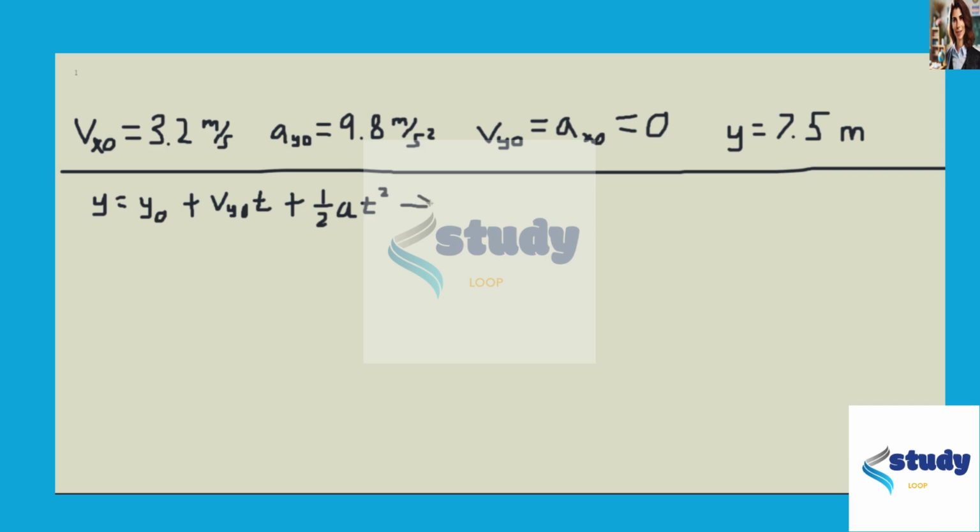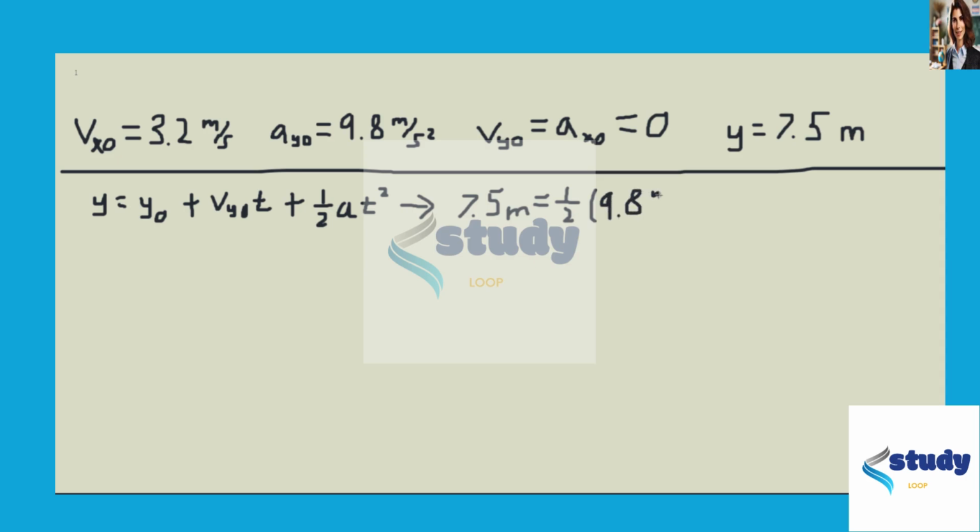Now let's plug in what we know. Y, the distance the tiger travels, is 7.5 meters. We said that the initial y value is 0, and she's going to travel a total of 7.5 meters. So y naught is 0, and v of y naught is also 0, so v of y naught times t is going to be 0.